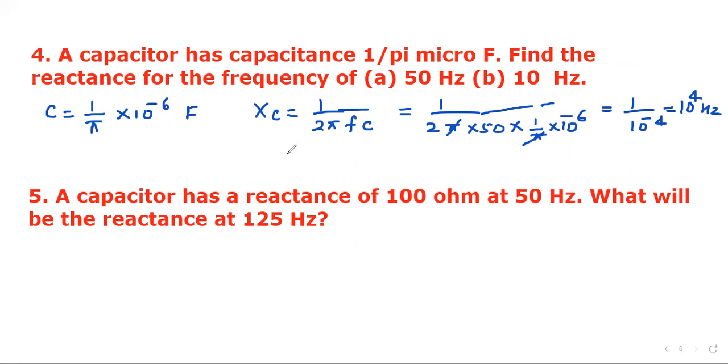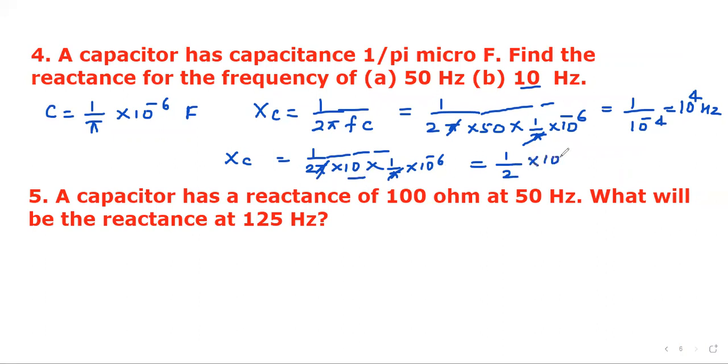Second case, Xc when frequency is 10 hertz, 1 upon 2 pi into 10 into C is 1 upon pi into 10 to the power minus 6. So pi will cancel out and then this will become 1 upon 2 and this 10 will reduce the power of 6 by 1.